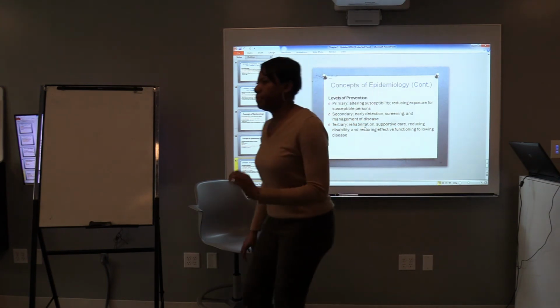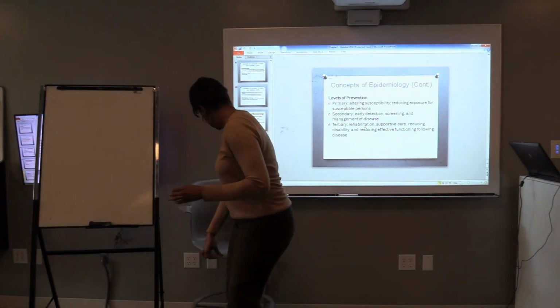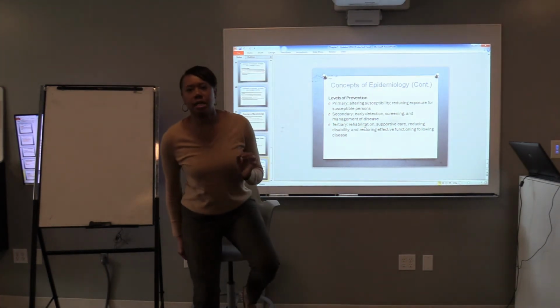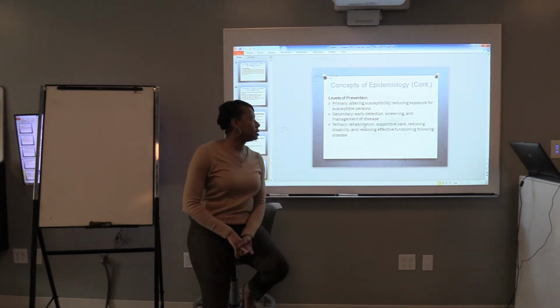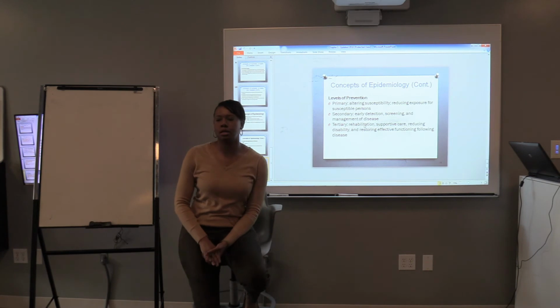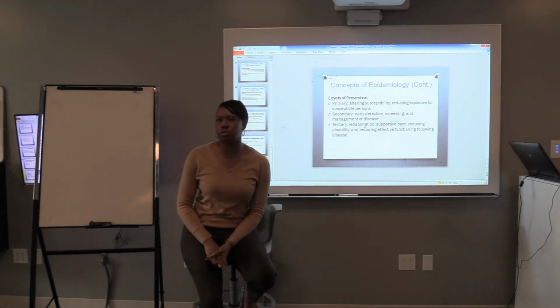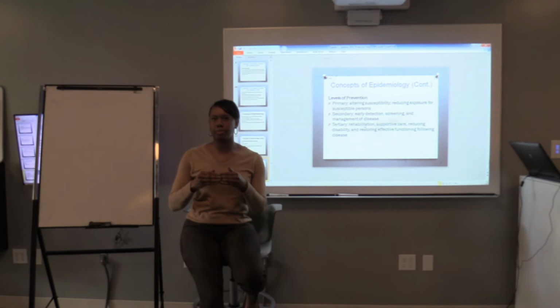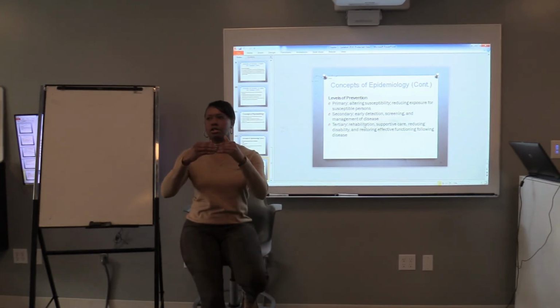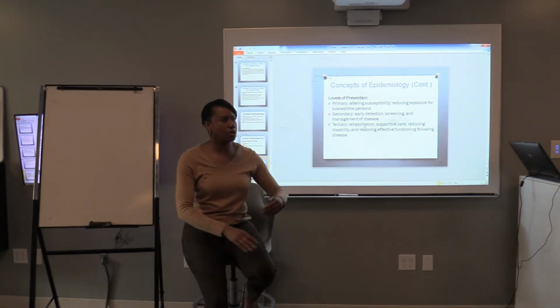Levels of prevention, we have primary, secondary, tertiary. Primary is altering susceptibility and reducing exposure to persons. We're trying to prevent a condition from happening.